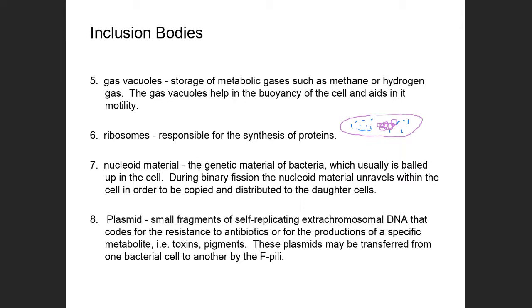And then we talked about plasmids. Here's a definition of a plasmid: a small fragment of self-replicating extrachromosomal DNA, not part of the chromosome, that codes for resistance to antibiotics or for the production of certain metabolic end products like pigments or toxins.